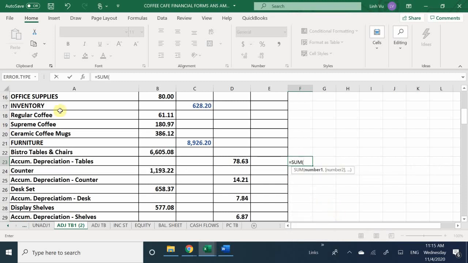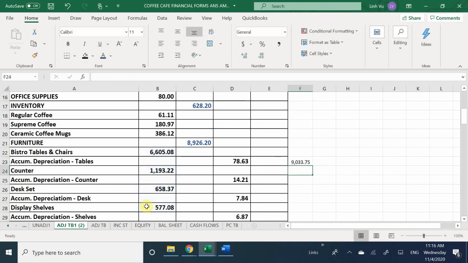We're just gonna add the sums of our furniture right here. So here is my total that I originally purchased it for. I'm not gonna subtract out my depreciation. I'm just gonna add up my total amount of furniture, and I get a total of $9,033.75 for my total furniture. Okay, without any adjustments to it.